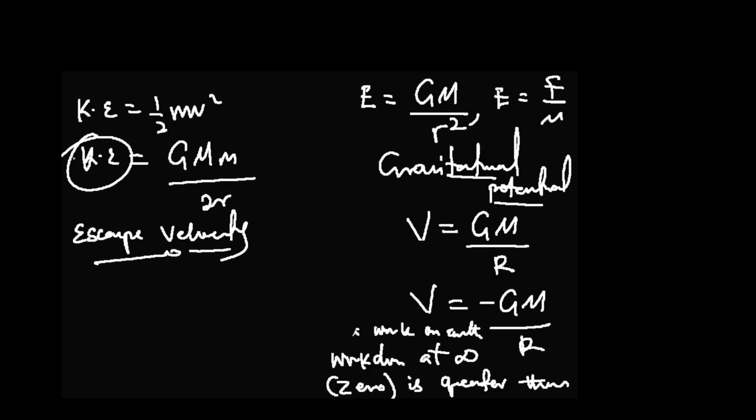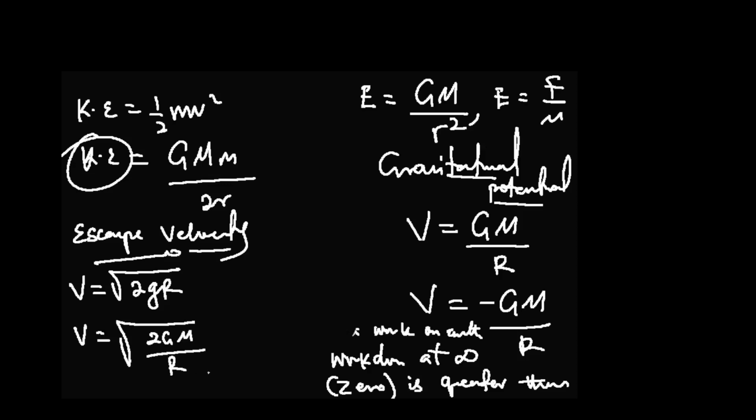And we have it to become V equal the square root of 2GM all over R. Or you say V is equal to the square root of 2 times potential energy divided by m.